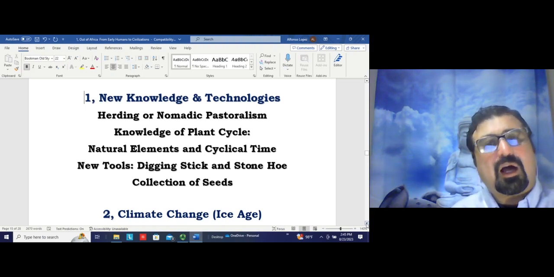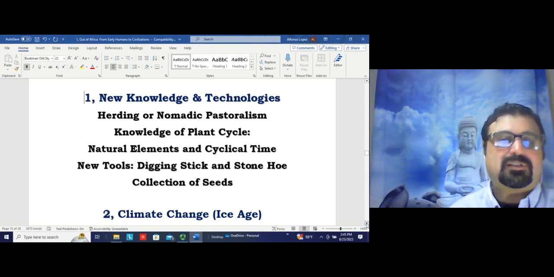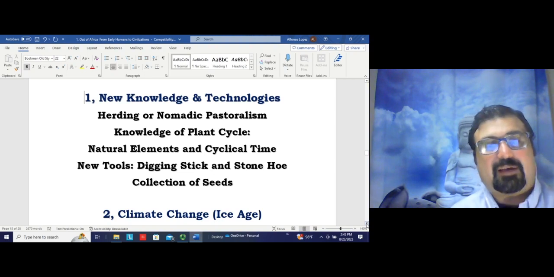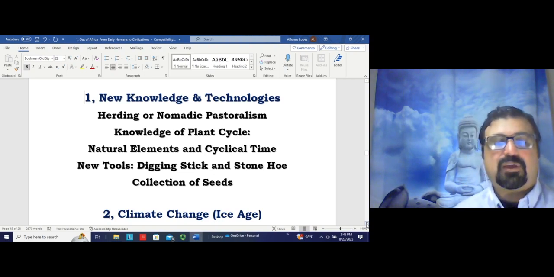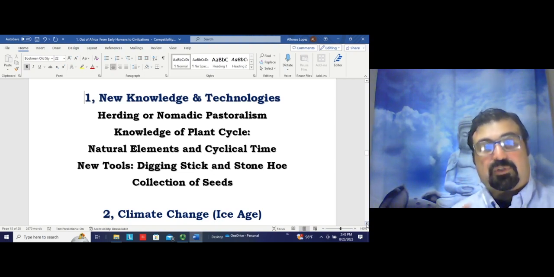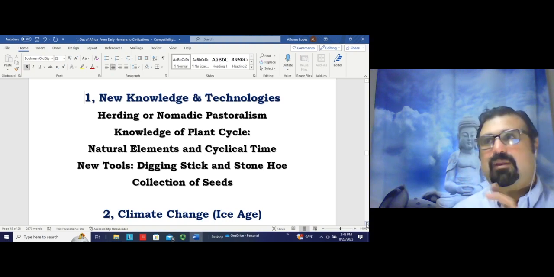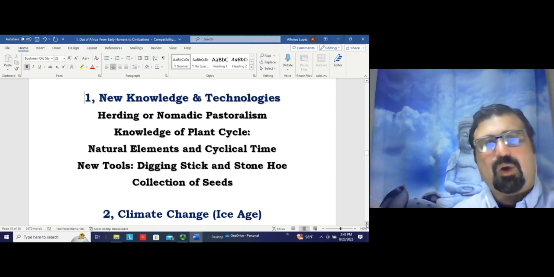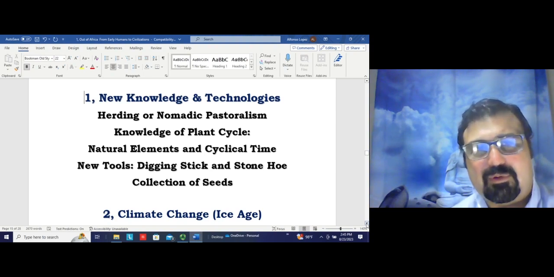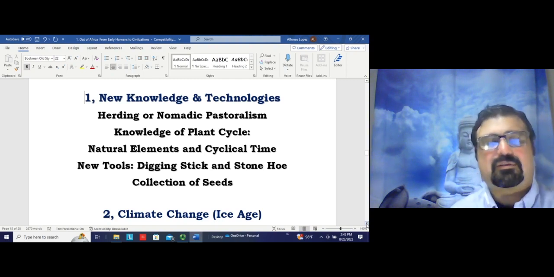There's also the knowledge of the plant cycle, as I mentioned. This is a knowledge that was accumulated after tens of thousands of years, particularly by women. Now, women, remember, in the old Stone Age were the gatherers. They were responsible for going out into the wild and gather edible fruits, seeds, products, and so on from the fields.